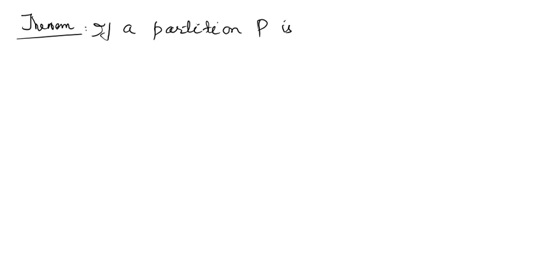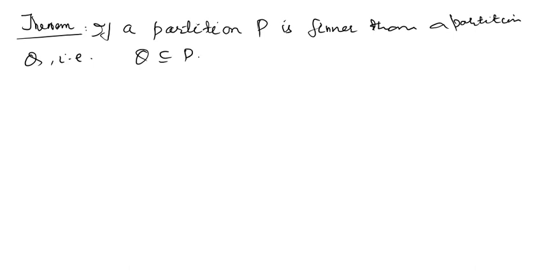Okay, so next theorem. If a partition P is finer than another partition Q, it means that it contains more points than Q, that is Q is a subset of P, then the lower sum will increase.